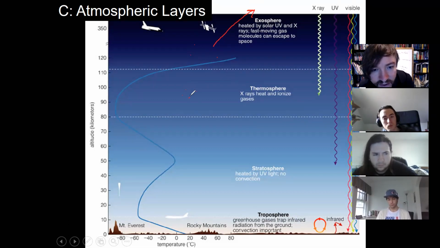But here, even if you have some high-speed atoms, they might be traveling at 12 or 13 kilometers per second, but they can only travel a few meters before they smash into another particle and get deflected in another direction. So you can only have gas particles escaping at your exosphere because that's where the gas is thin enough for people to exit the mosh pit, okay? Here, the mosh pit of gas particles is much too dense for you to simply walk out of the pit, okay?